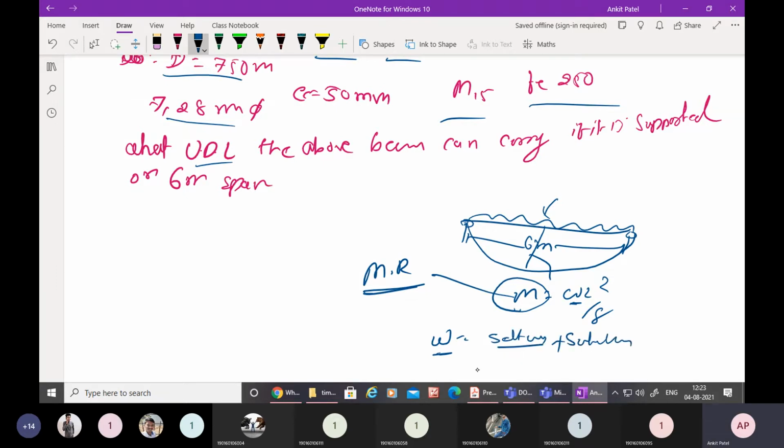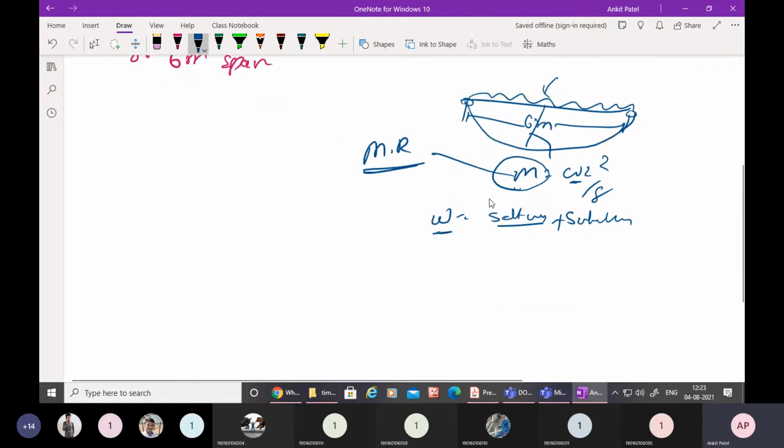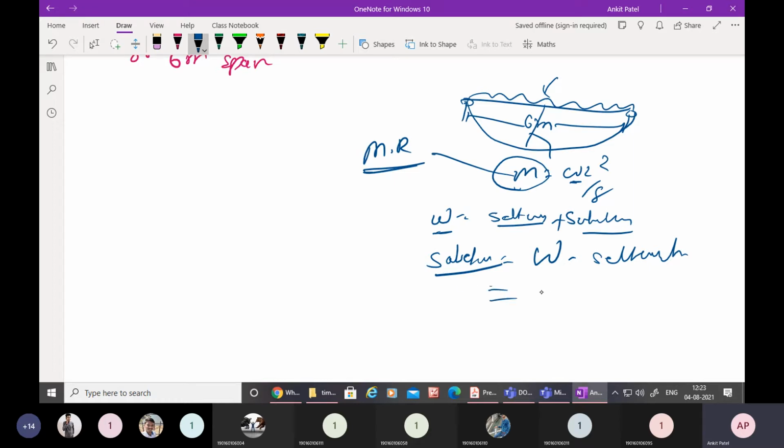Then you can easily calculate the self weight, and then the safe load. So safe load is equal to W minus self weight. Clear? In this you just have to remove the factor of safety, then you can directly give the answer that it can resist this load that is not factored. Unfactored load is equal to the addition of self weight, that is some amount that we will find out at the end of the example.